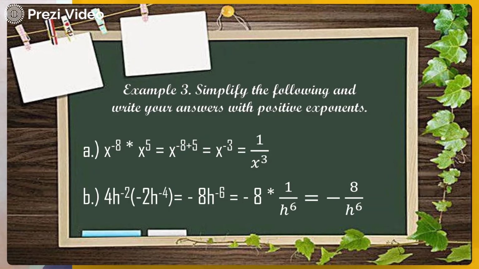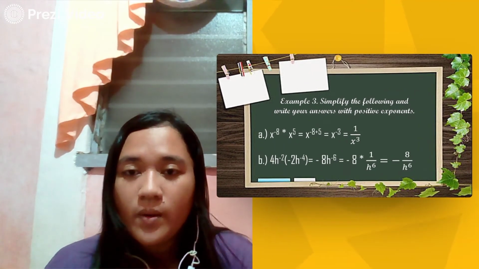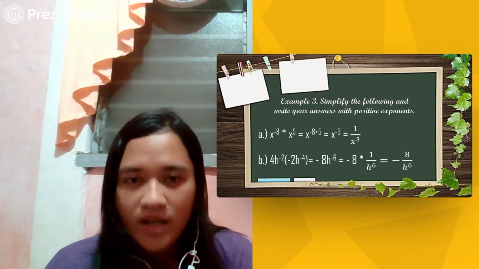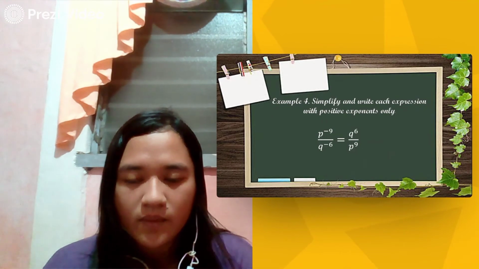So we take the reciprocal: negative 8 times 1 over h raised to 6 is equal to negative 8 over h raised to 6. This will be the final answer. Did you get it? Yes, ma'am. Okay, very good. More examples.